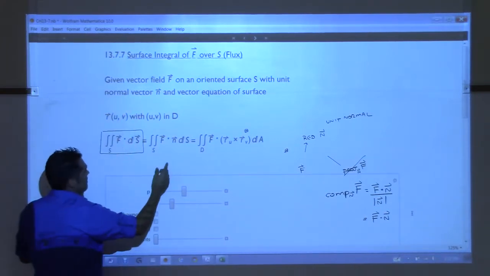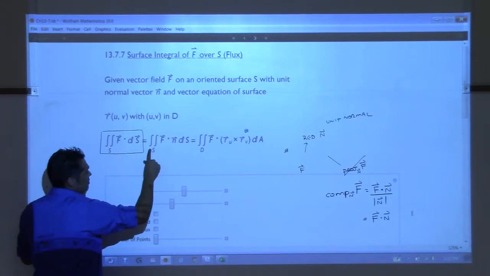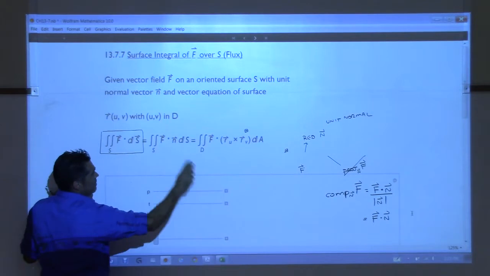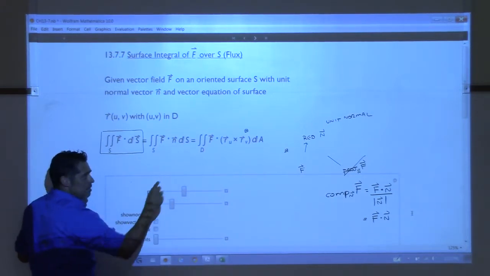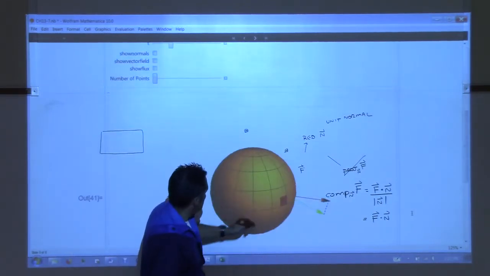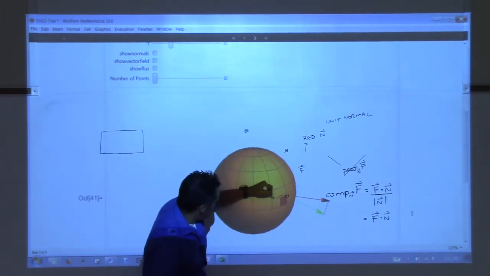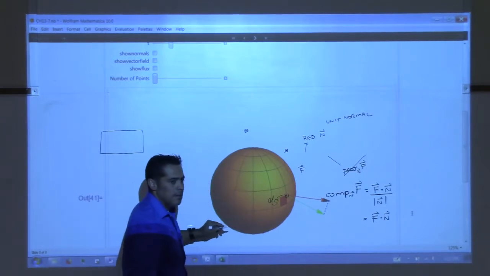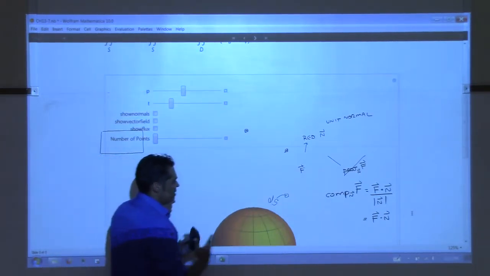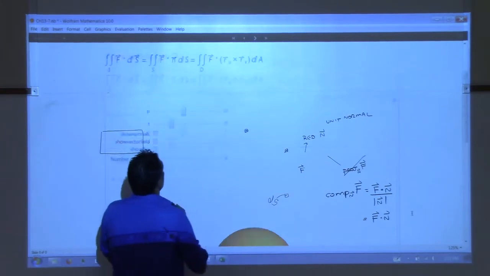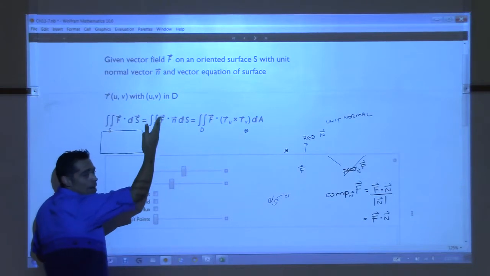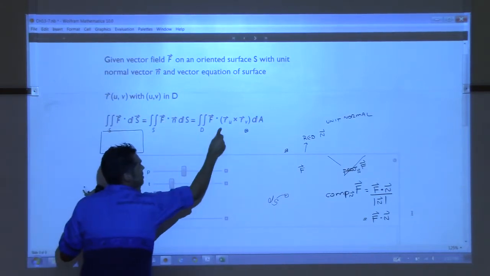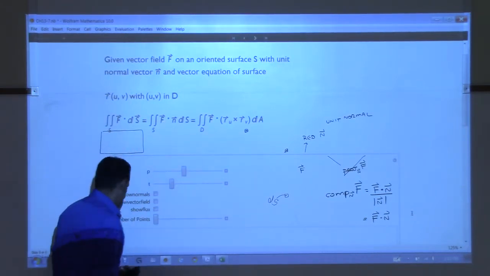We're going to add up over the surface S all of those F dot N's, and then multiply them times the infinitesimal little areas, that little infinitesimal, our dS, capital S. So we're taking this number, multiplying it by that number, and that gives us the flow at that little patch, and then we add them all up. Okay, now this becomes this, and I want to show you how that happens.